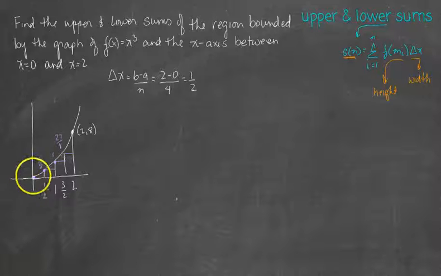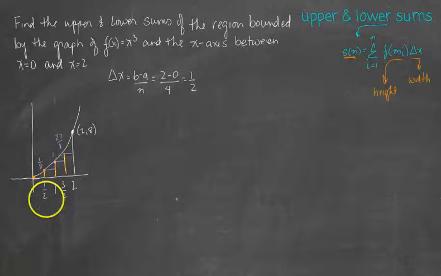Since we're looking for the lower sum and our function is continuously increasing, we can say that the lower height is always on the left-hand side. For our first partition, it's on the left-hand side. For our second partition, it's on the left-hand side, all the way through.